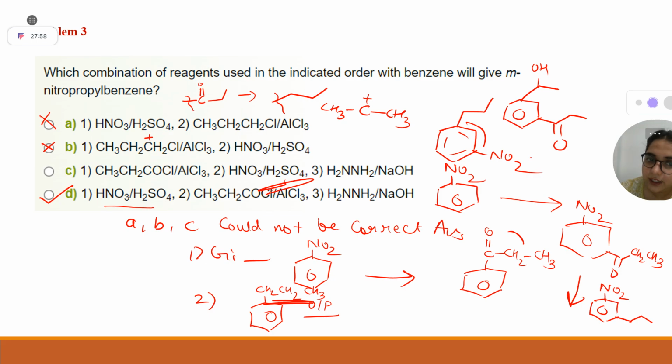Anyone? Try. Don't you think this is an acid sensitive group? Since Zn-Hg/HCl contains acidic HCl, it can remove it as H2O and a carbocation can form here. Yes or no? So for these conditions, which reagent will you use? This Wolff-Kishner reduction.